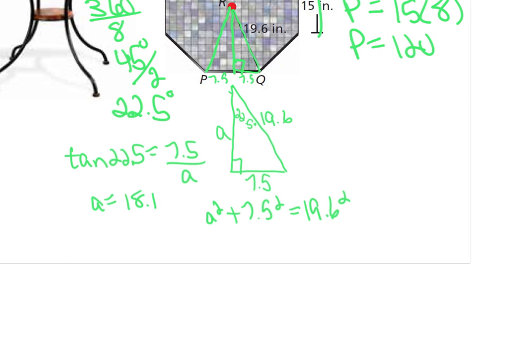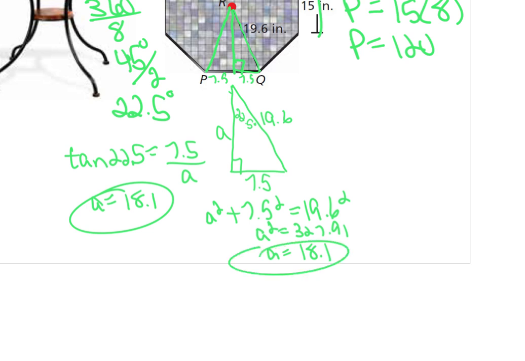And when you take 19.6 squared minus 7.5 squared, you get that a squared is 327.91. Take the square root, and lo and behold, you get 18.1. So in this case, looking at the information that was given, you could either find the apothem by using trig, or you could find the apothem with the Pythagorean theorem because you do know 2 side lengths. Either way, you get the same answer.